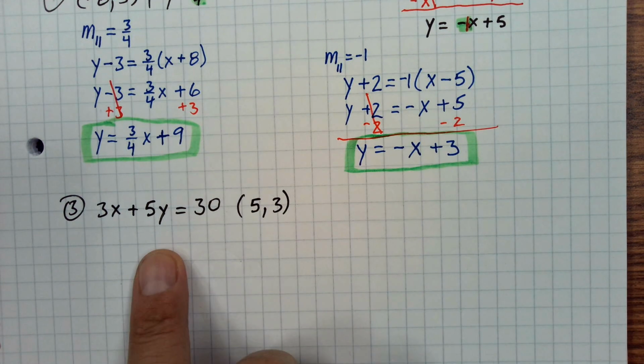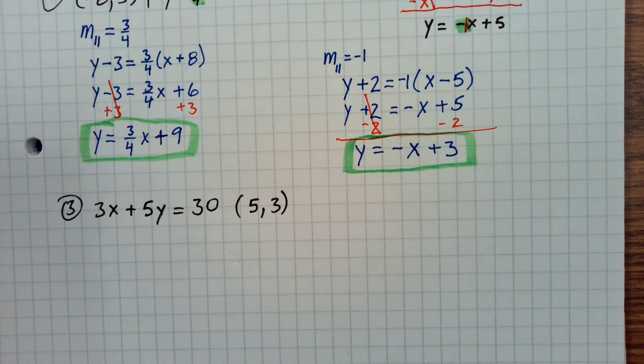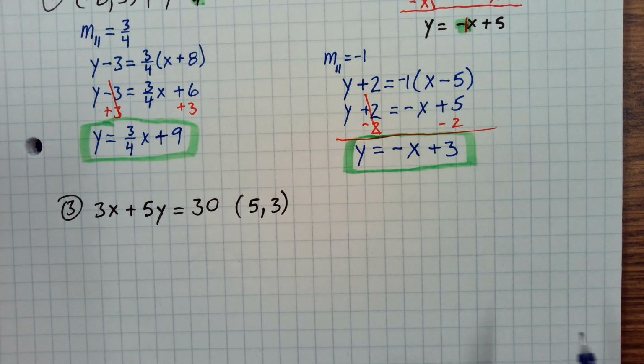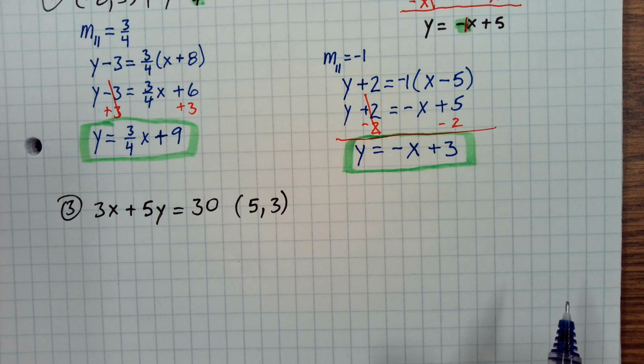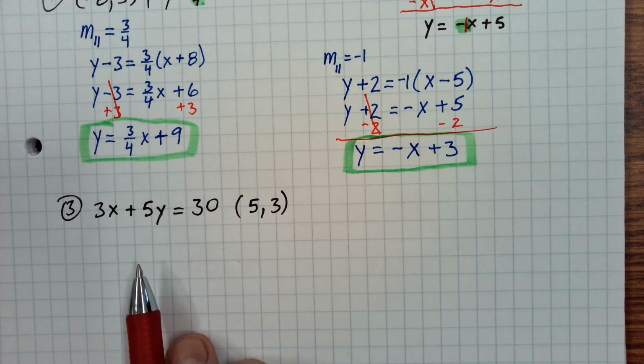We want it to be parallel to this and going through that point. So let's start off with the fact that it's not obvious what the slope is. So let's solve for y. Let's get y by itself. What's my first move?